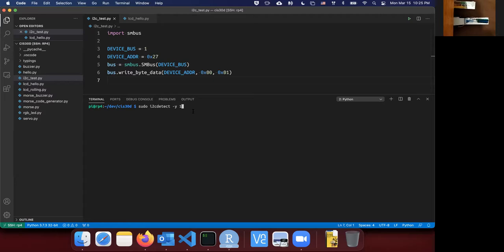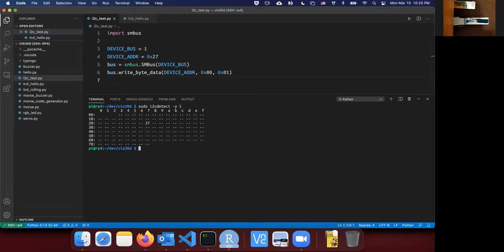This i2cdetect program is already installed for you. You don't need to install this. And then we use sudo for elevated privilege to run this. You need that kind of permission. And then with -y and a 1. Okay, the 1 is actually the port number.